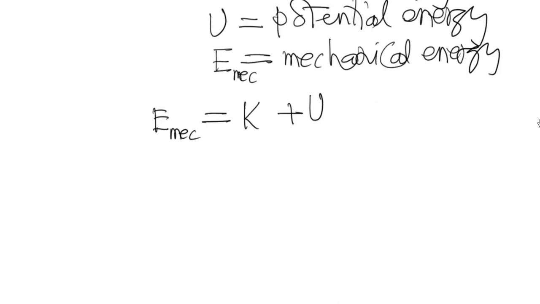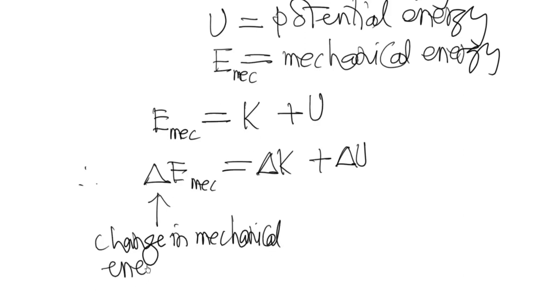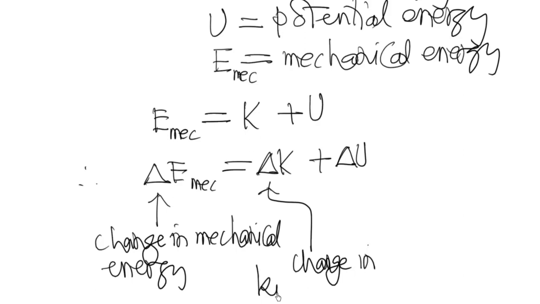Now if we take changes on both sides, therefore delta E mech equals delta K plus delta U. These are changes: change in mechanical energy, change in kinetic energy, and change in potential energy.